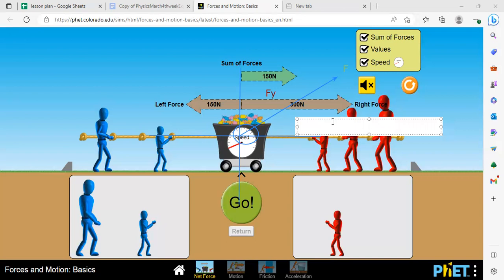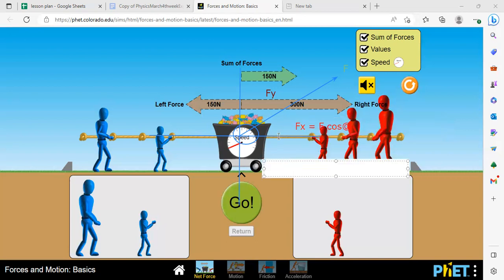Okay? So you have a component along X and a component along Y.